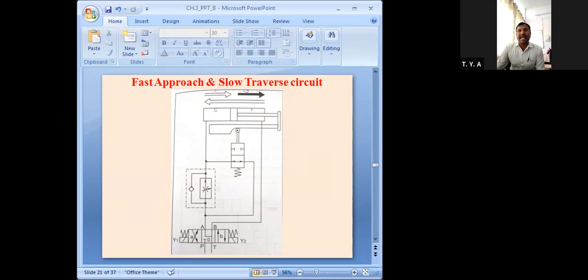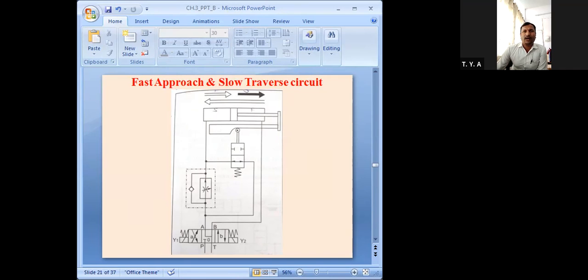For such an application, we need to design this fast approach and slow traverse circuit. So a 4x3 direction control valve is used, and after that we have our flow control. Getting it? A 2x2 direction control valve is also used here.